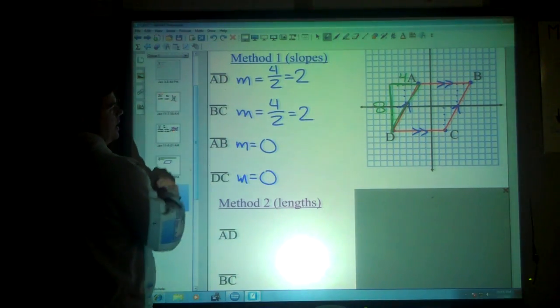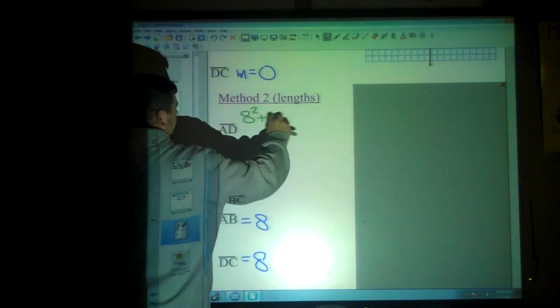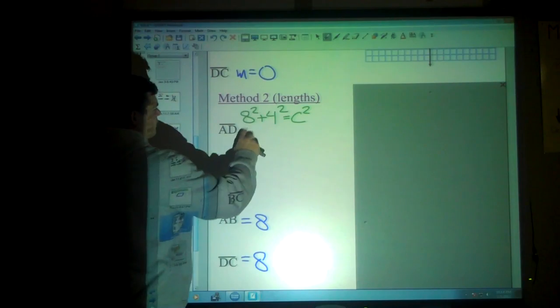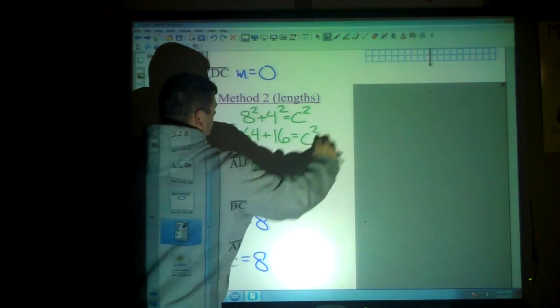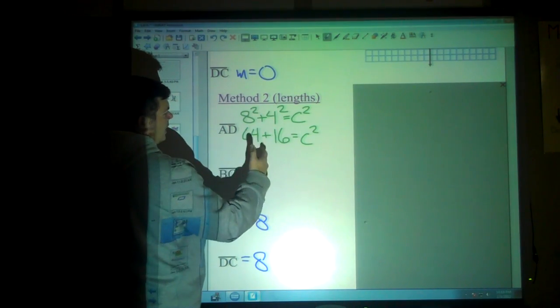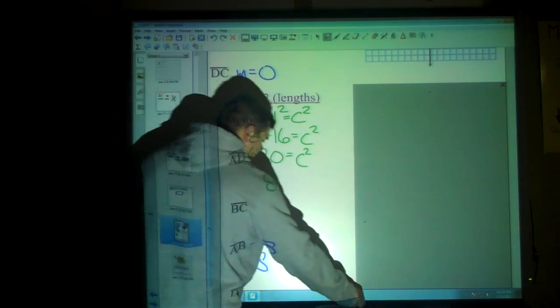So for A to D, 8 squared plus 4 squared is equal to c squared. Well, that's 64, and that's 16. When we add these two together, we get a total of 80. 80 is equal to c squared.